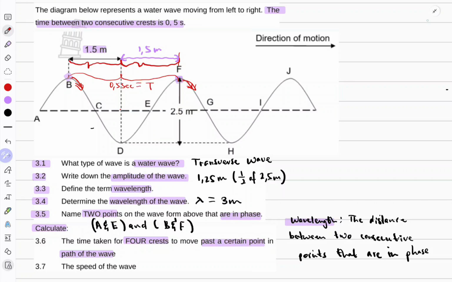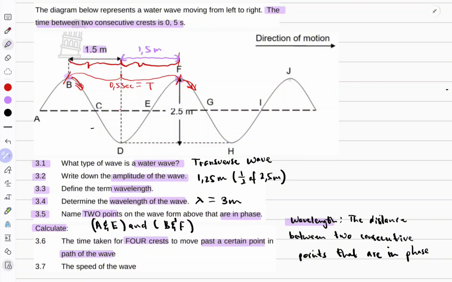So for the period of the wave, you always get two crests passing a fixed point in 0.5 seconds. I want you to bear that in mind.